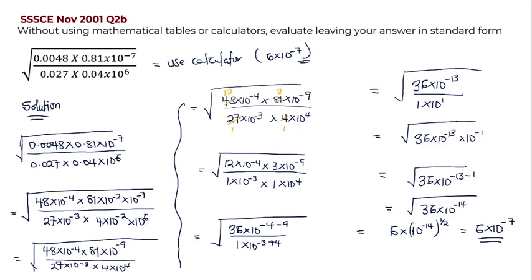Once you arrive at this answer, you know it's the same as what the calculator gave you before you started, so there's no need to go through your work again. It means your work is correct. But if the two do not tally, meaning after using the calculator you are getting a different answer from what you had, it means that your calculation is wrong, and so you have to go through your calculation again to make sure you have everything right.